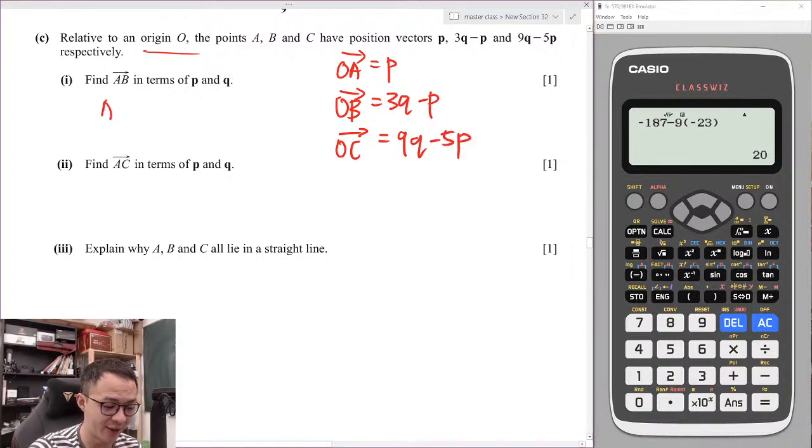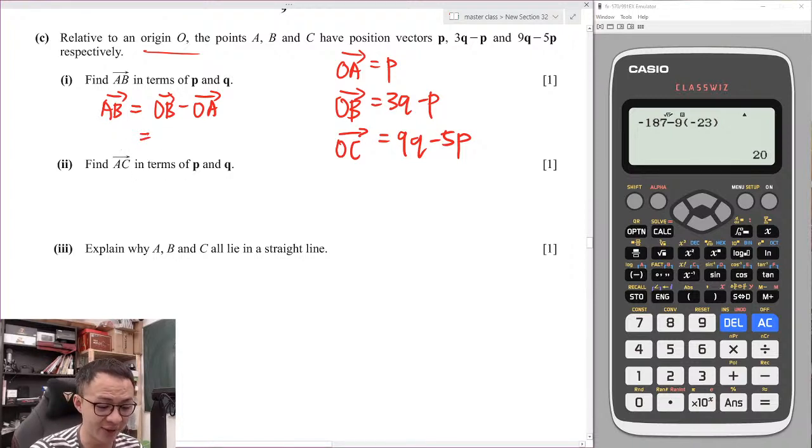So AB is basically equals to OB minus OA. If you can understand this one, it will be good. If you cannot, then you need to try to understand it yourself.